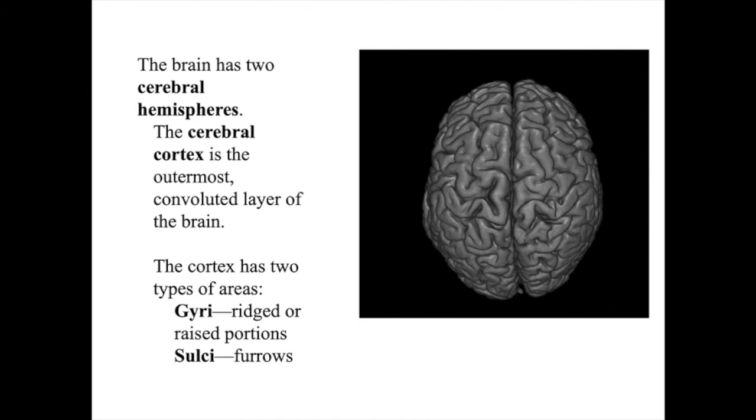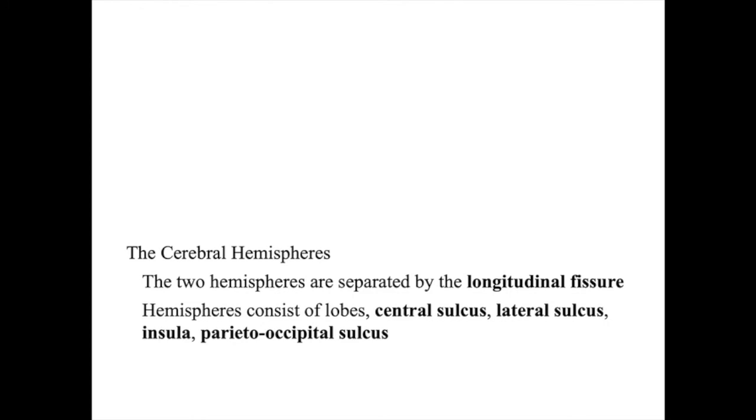Let's analyze now more anatomical structures. So the 2 hemispheres are separated from one another by the longitudinal fissure. In addition, each one of the hemispheres is divided by main divisions, which are main sulci.